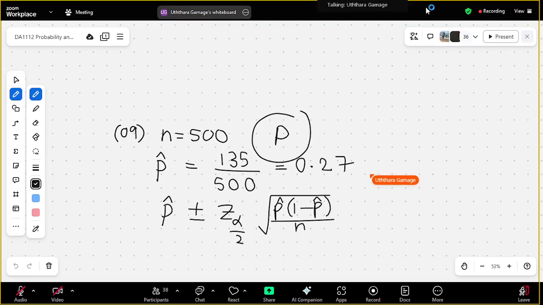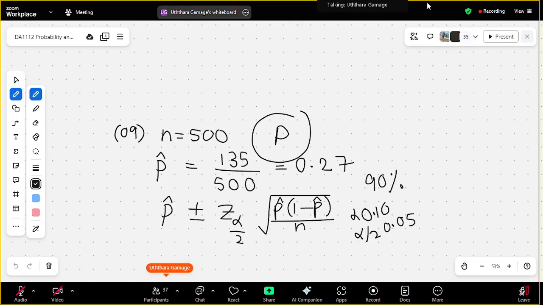In question number 9, the confidence level is 90%. So alpha is 10% or just 0.1. So alpha divided by 2 is 0.05, right? So how to find the Z of 0.05?